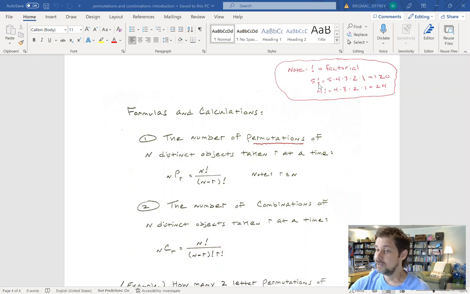The way I calculate that is 5 times 4 times 3 times 2 times 1. You start at that number and you multiply consecutively down by 1 until you get to 1. 5 factorial, if you multiply that all together, is 120. 4 factorial would be 4 times 3 times 2 times 1. Okay? So that's how factorials are calculated.